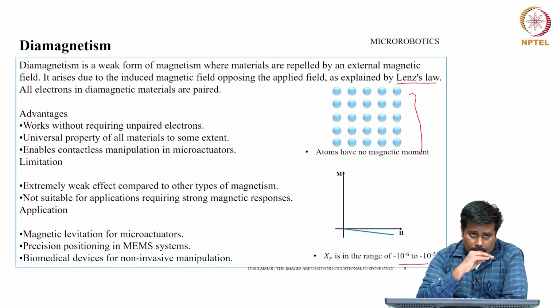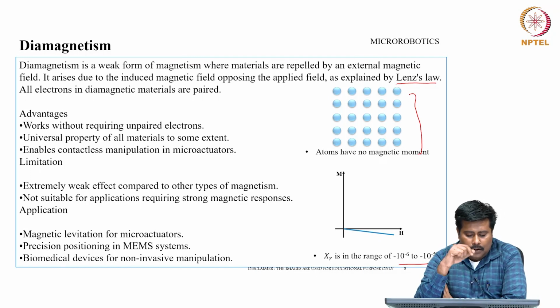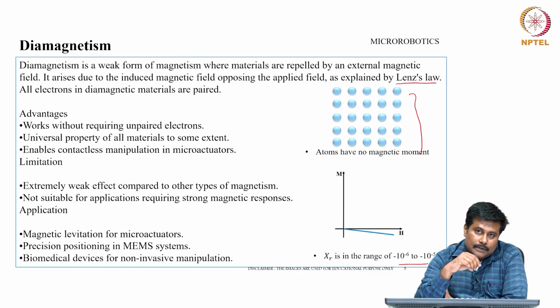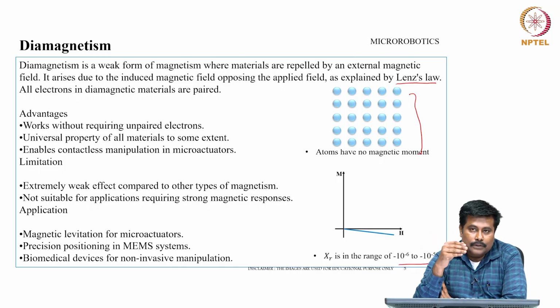So it has a very low value for micro actuation and is not suitable for applications requiring strong magnetic response. As for applications, magnetic levitation for micro actuators, precision positioning in MEMS systems, and biomedical devices for non-invasive manipulation are some of the key examples of diamagnetism.